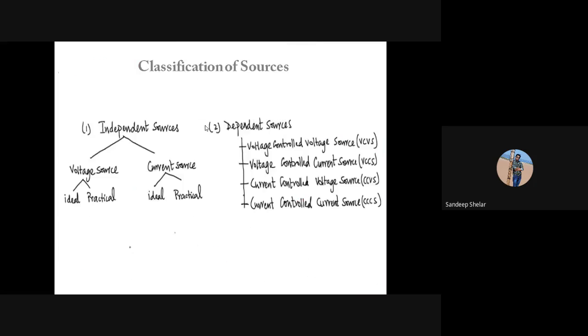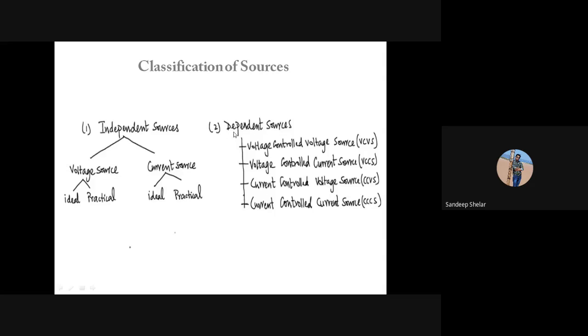Next is the classification of sources, based on dependent sources and independent sources. Independent sources are based on voltage source and current source. The voltage source is classified into ideal voltage source and practical voltage source. The current source is classified into two types, ideal current source and practical current source.